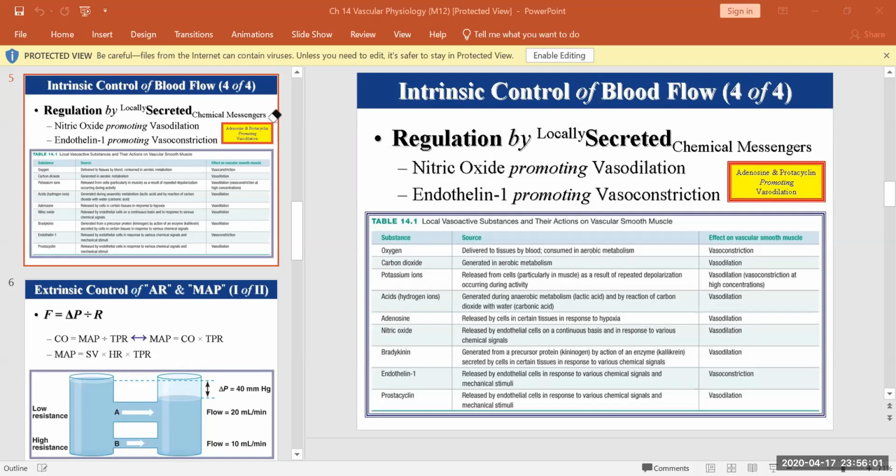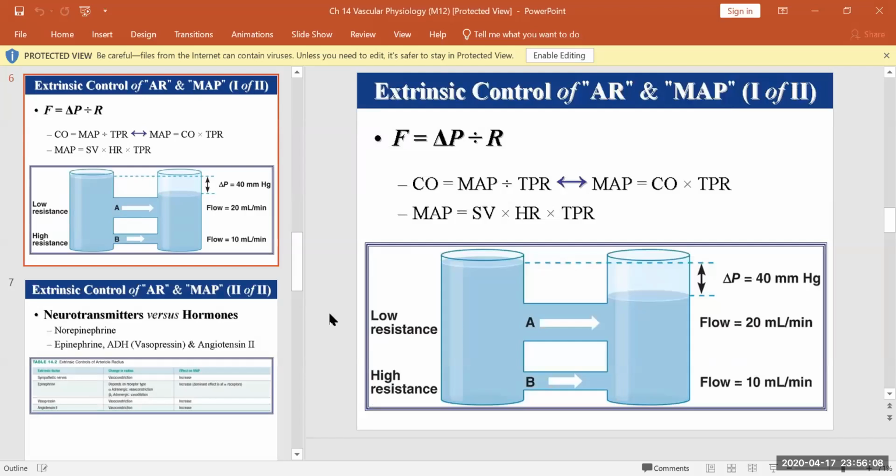Okay, moving on to now mechanisms that are affecting blood flow, but they come from other organ systems. So before we talk about it, let's briefly review fluid flow in a tube. This is again one of the basic mechanisms of mechanics and physics.